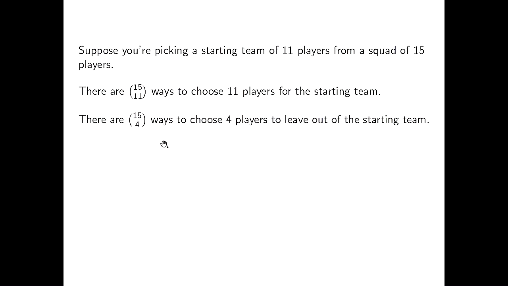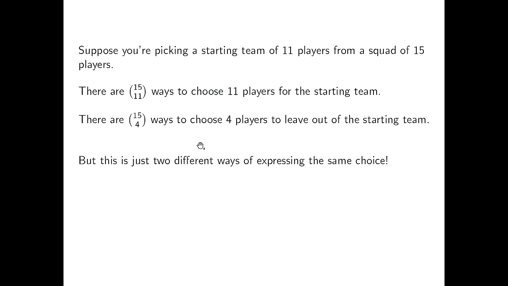Saying these 11 are in, if there's 15 things in total, is the same as saying these 4 are out. So choosing the 11 is the same as choosing the 4 that are out. And so it's 2 different ways of expressing the same choice. There's got to be the same number of ways to do each of them, right? Same number of ways to pick 11 starters as there are to pick 4 on the bench to begin with, right?